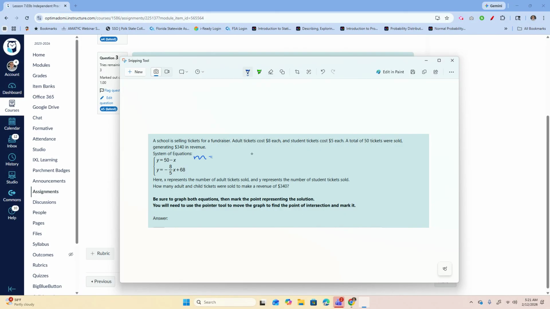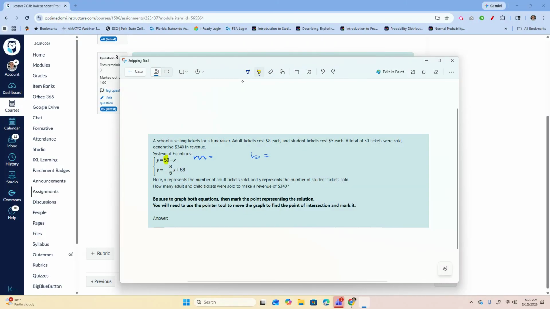B is the initial value. B is the number that we are adding or subtracting to the x in the equation, and that will be the 50. So 50 is being added. In case you don't realize this, y equals 50 minus x is the same thing.